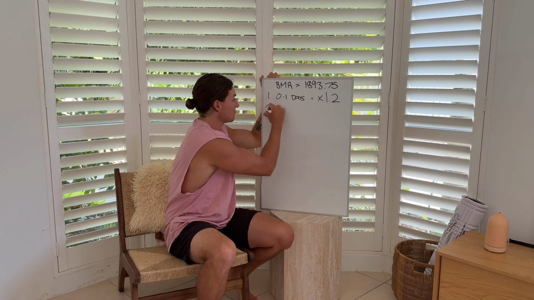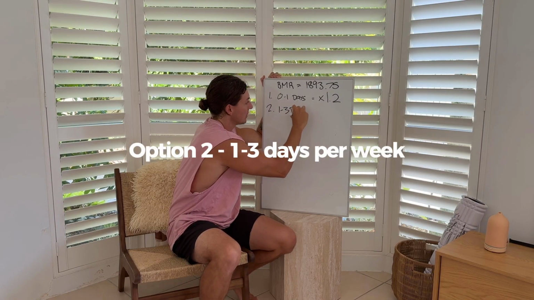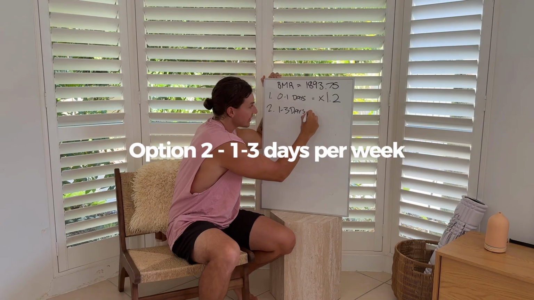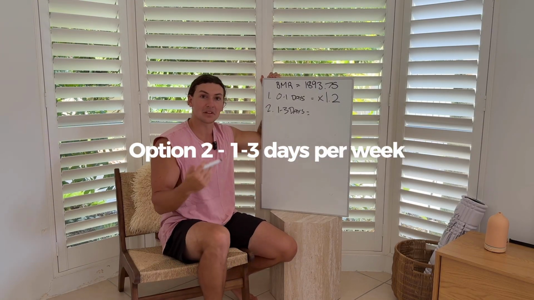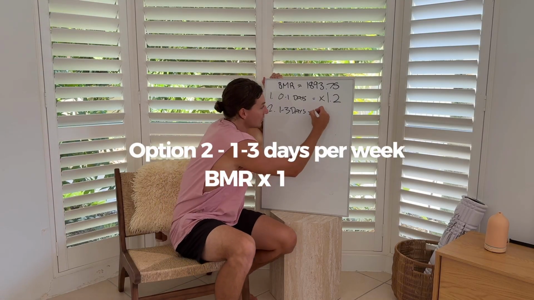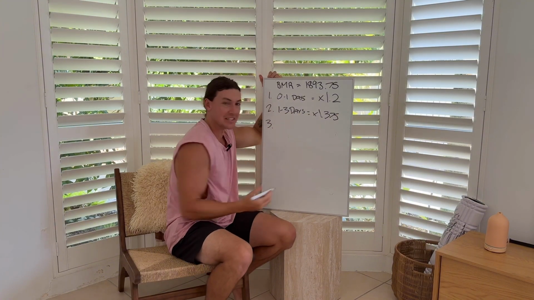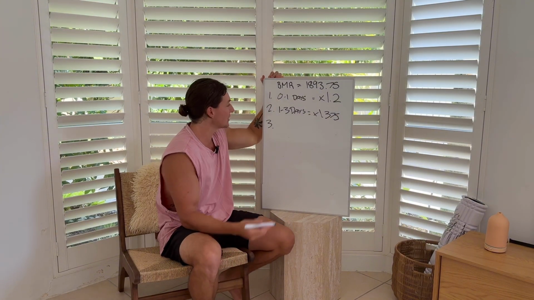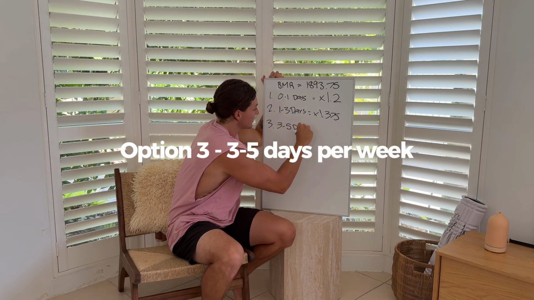The second option is if you train 1 to 3 days per week. I wouldn't say this is intense exercise, but you are exercising nonetheless. You're doing something and you're making an effort. If that's the case, then you times it by 1.375. Third option is if you're moderately active, so 3 to 5 days per week that you are exercising.